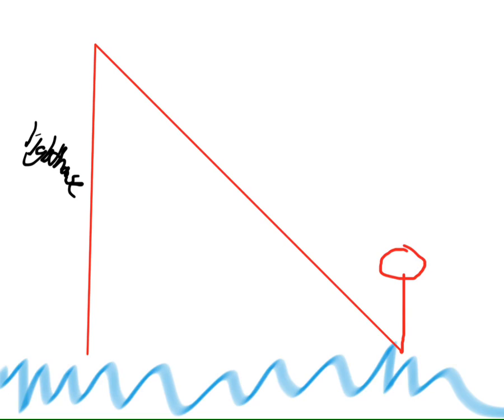I want to know which angle is 25 degrees. So the question is, is it this angle or is it this angle that's 25 degrees? Now it says the angle of depression. So if you look at your definition, the angle of depression goes from the line of sight horizontally downwards, right?